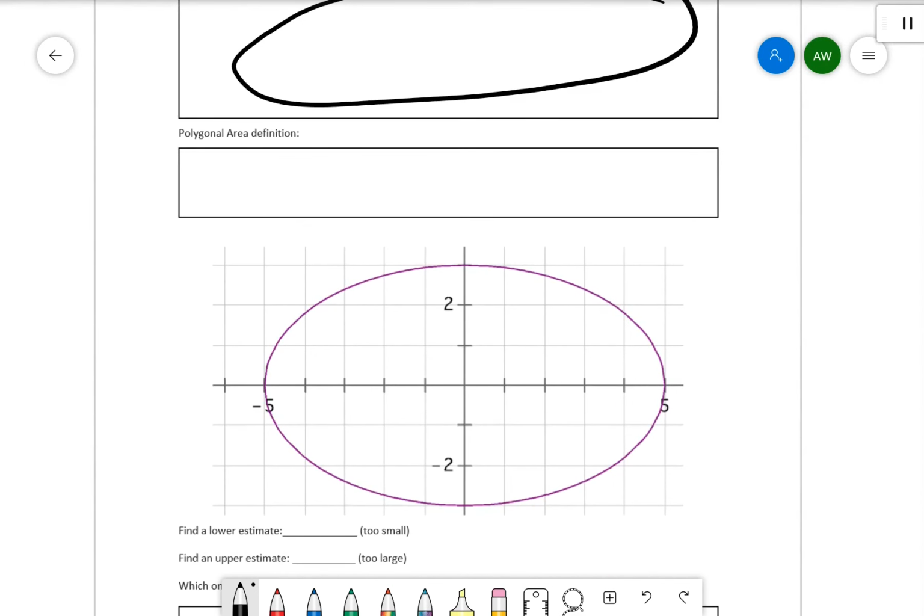There are many ways to estimate the area of a curved figure, but today what we're going to use is polygonal areas. Now, a polygonal area is simply a shape with straight sides.